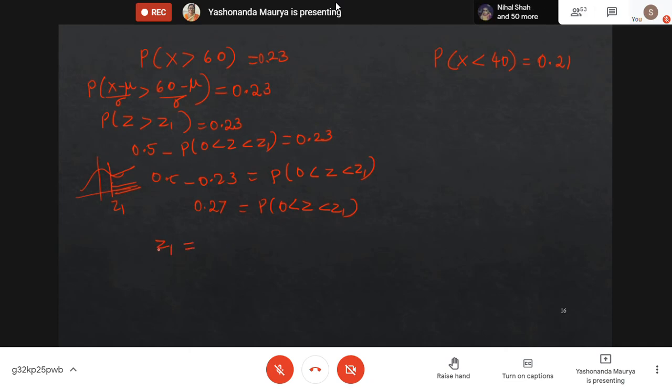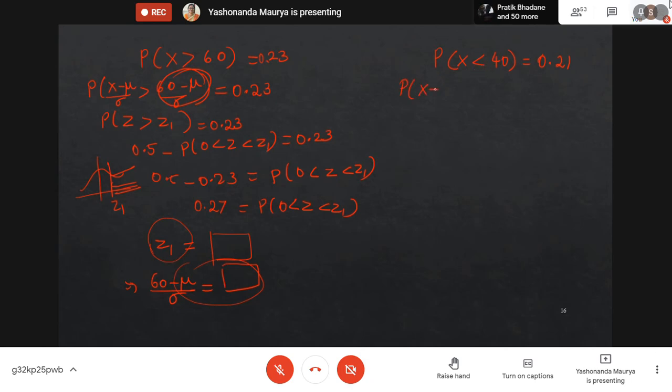After getting the value for z1, we can substitute it: 60 minus mu upon sigma is equal to this figure. When we simplify this expression, we get one equation in the variables sigma and mu.